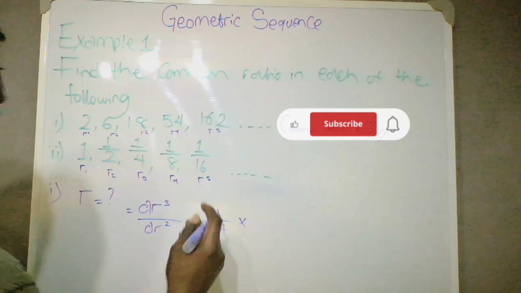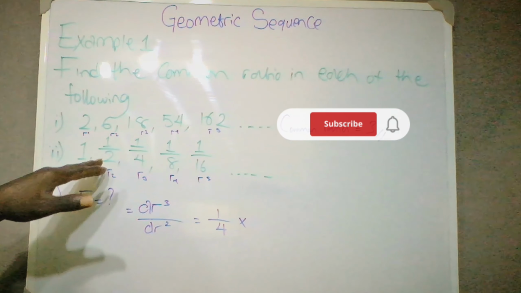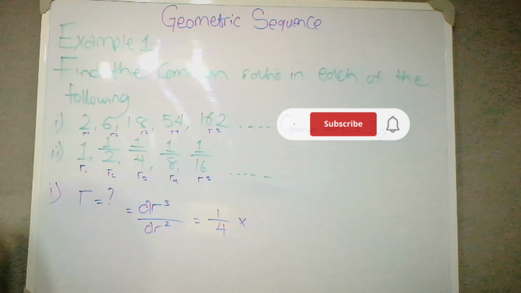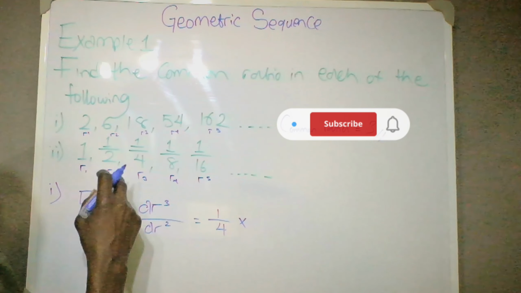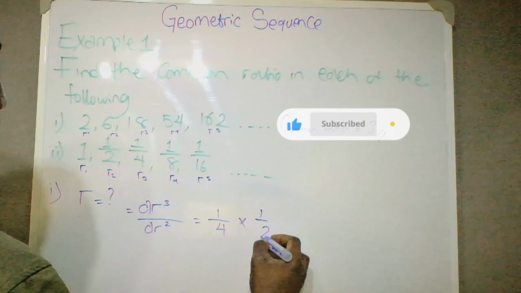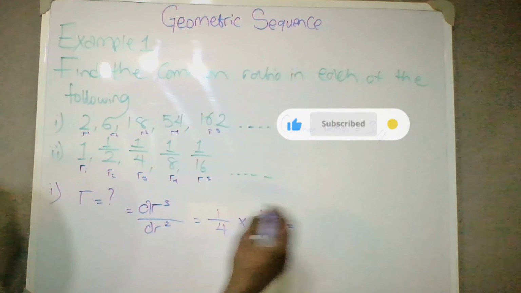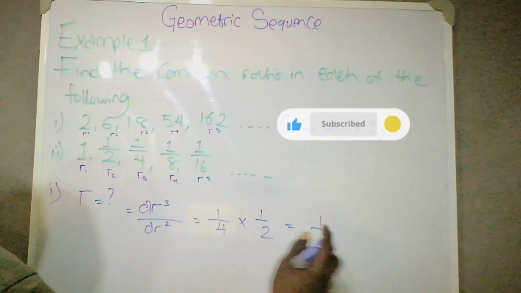It's not going to be the same process now because this is division. We have the numerator and the denominator, like what we have here. So we're just going to do 1 over 4 multiplied by 1 over 2, so we have 1 times 1, which is 1, and 4 multiplied by 2 is 8.